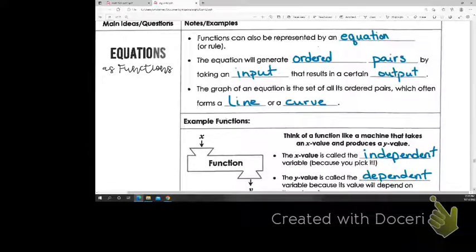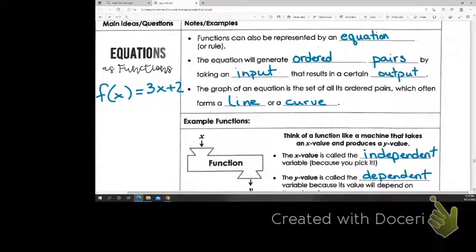So for instance, and you might see this notation, instead of a y you might see something that we read as f of x. So the function is called f, and maybe that function says we're going to take 3 times x and add 2.